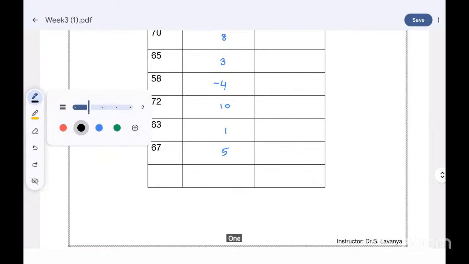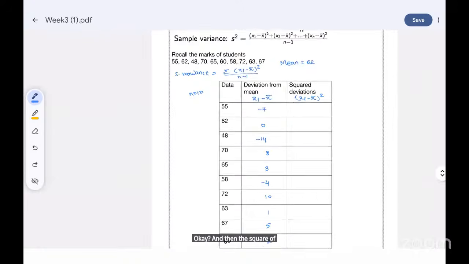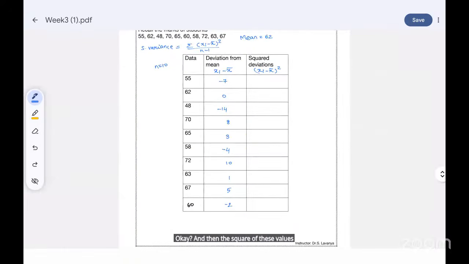One last value is missing here. Then take the square of these values to calculate the sum. What is the sum of (xi minus x bar) whole squared?